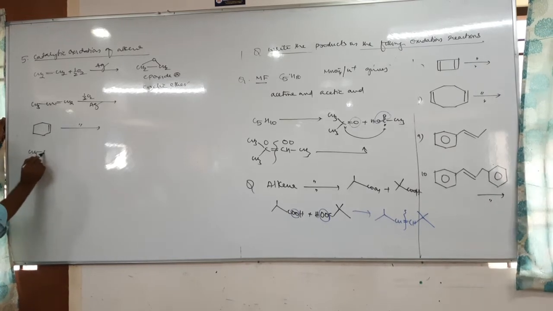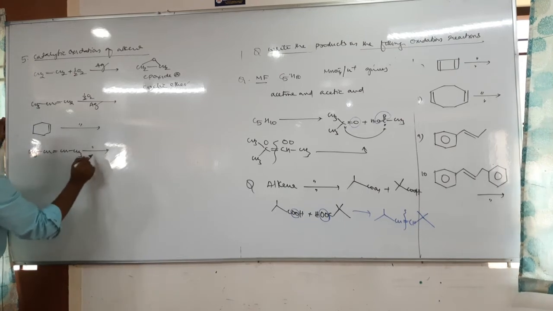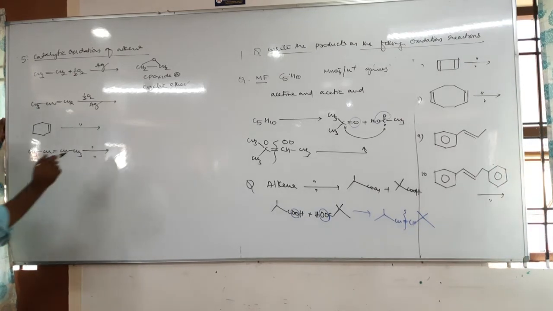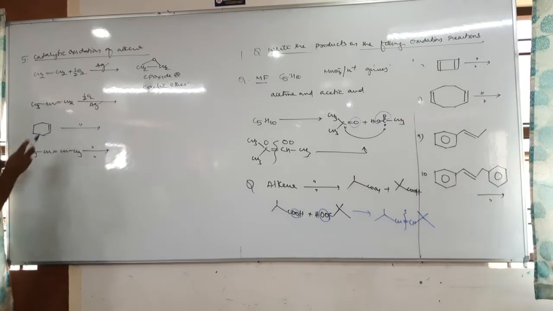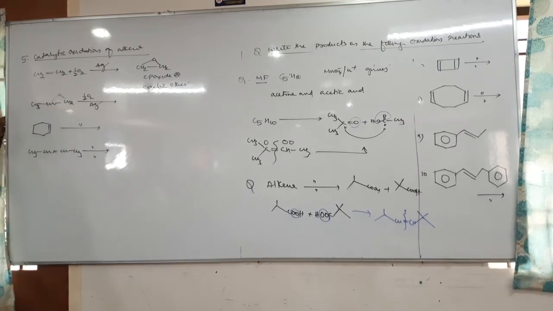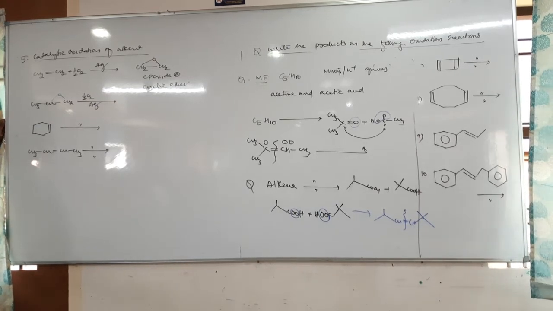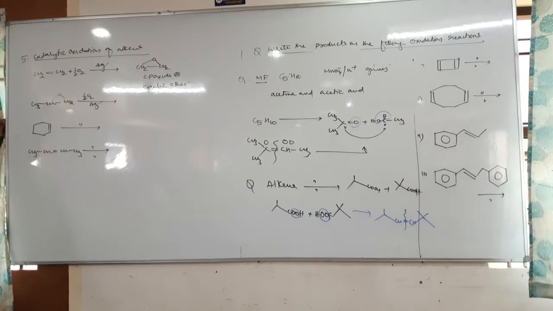If it is butene also, tell me. So here you just remove the one pi bond, right? Cyclic ether. No rearrangement, nothing. It forms just cyclic ether.